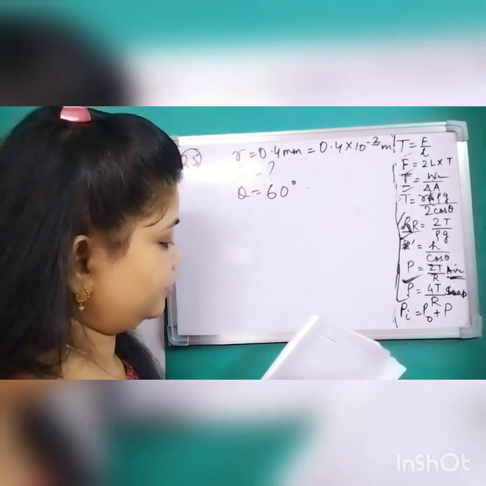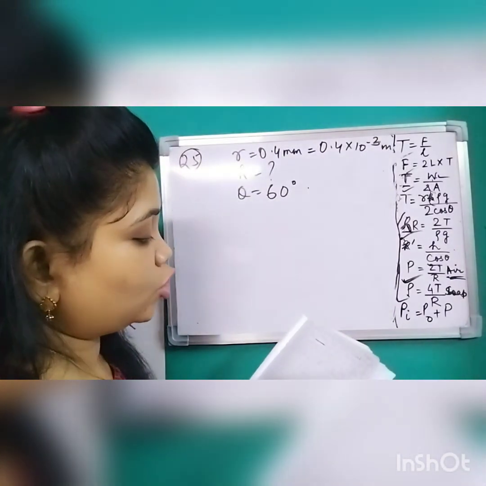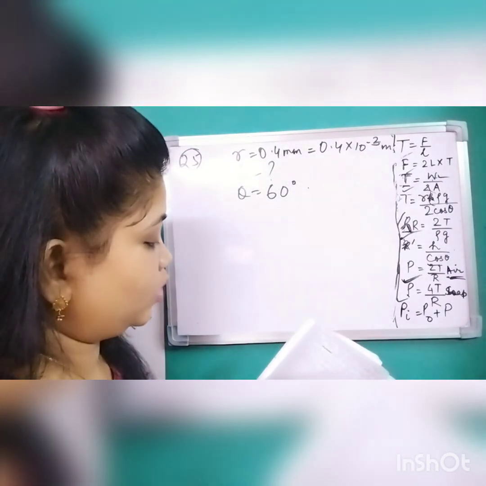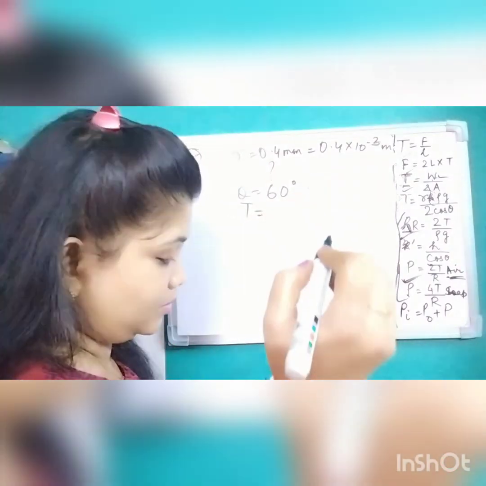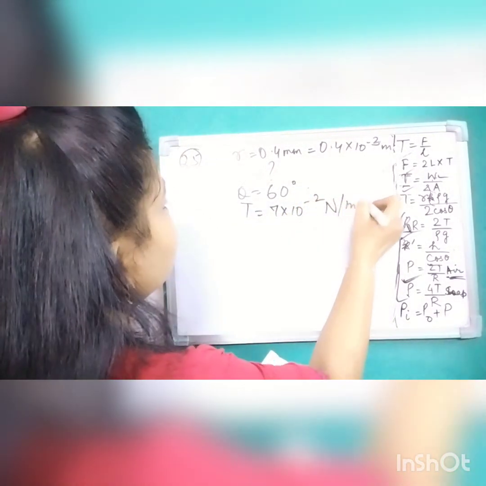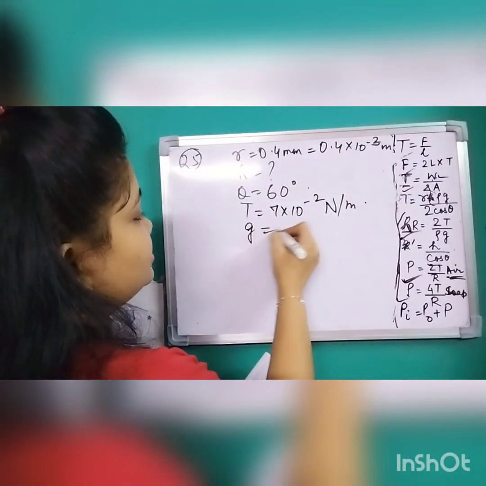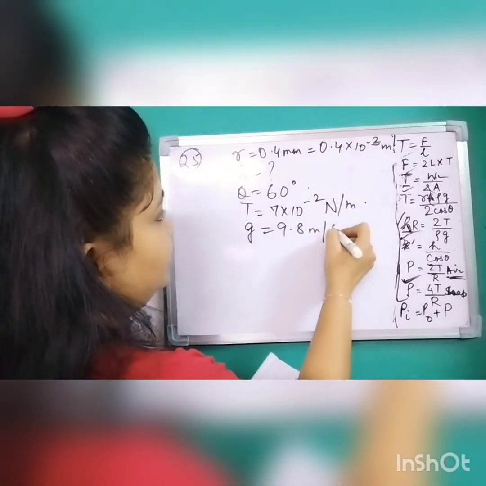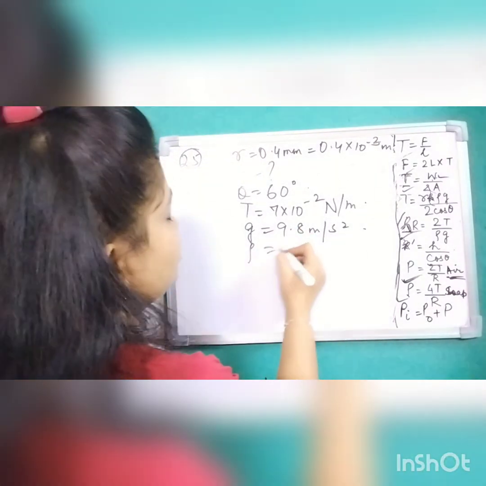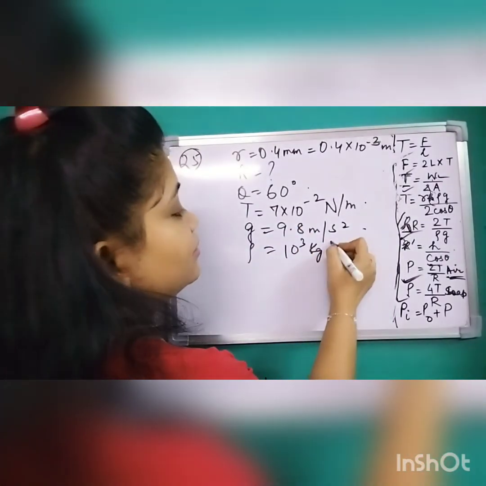How much length of the capillary is occupied by water? Surface tension T is given as 7 into 10 to the power minus 2 Newton per meter. Take g as 9.8 meter per second square, and rho, as it is water, will be 10 to the power 3 kg per meter cube.